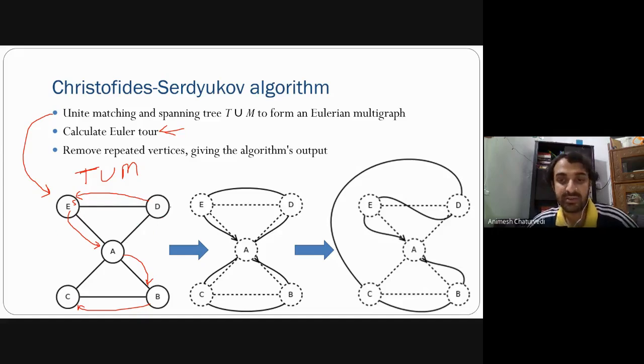What is remaining? Remaining is C and D. So you just create an edge between C and D, and this will create a path from C to D, and this means this is a Hamiltonian circuit. From this Hamiltonian circuit, you can actually have the path.